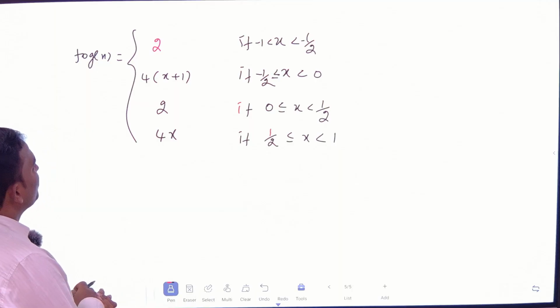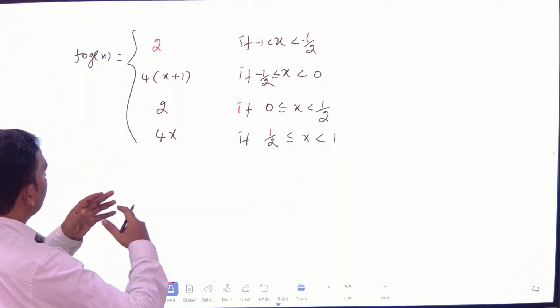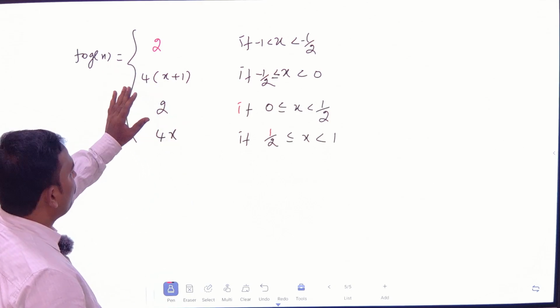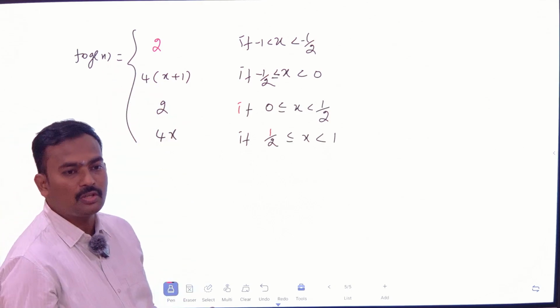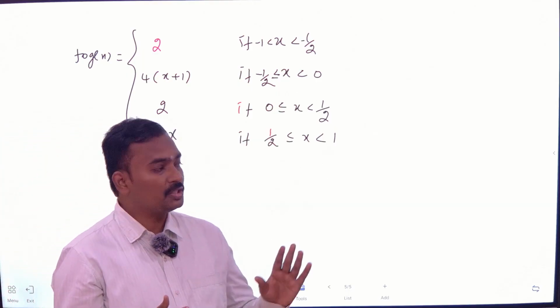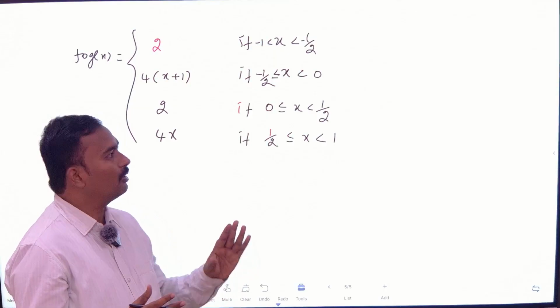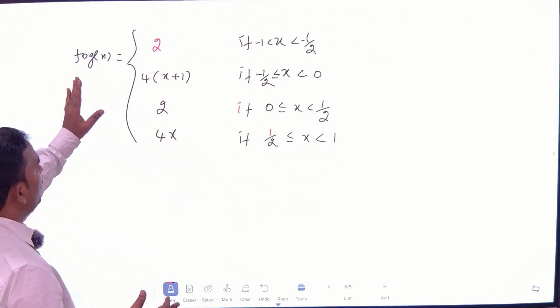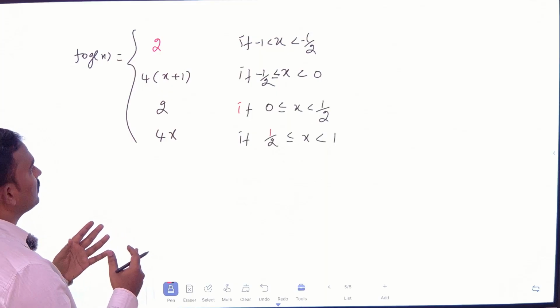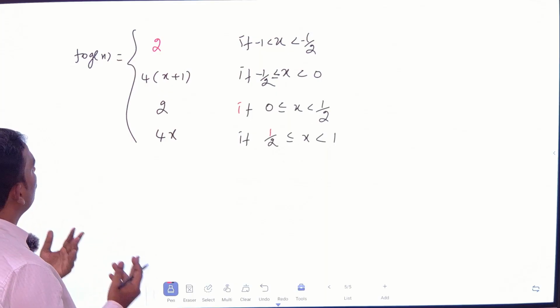So you have to redefine these two functions, and finally we can find out f composition g of x. Clear? So you have to check the differentiability and continuity of f composition g. So the function is not continuous, not differentiable.